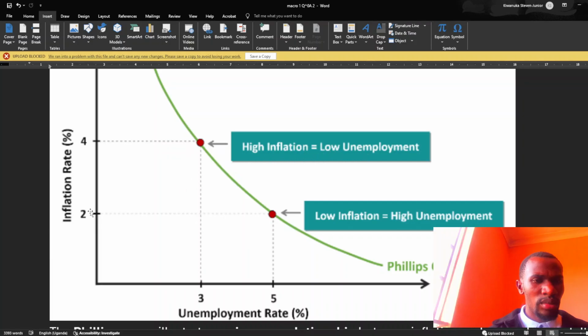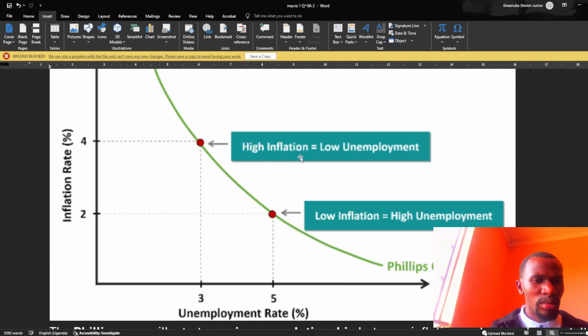Inflation rate, you realize as inflation rate increases, what would we expect? When we relate to unemployment, would we expect that as inflation rate increases, there is a lot of inflation, unemployment would also increase? But my dear, Phillips curve is different. Let's look into it. As inflation rate increases from 2 to 4, what happens? Unemployment reduces from 5 to 3. That is the whole idea.